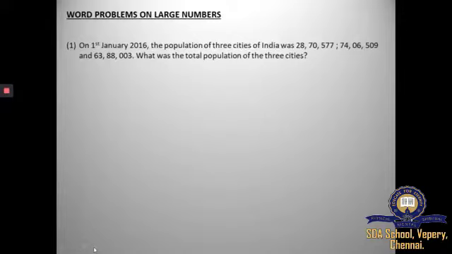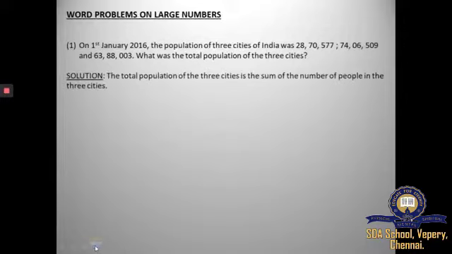Now we will see a few problems on large numbers. On 1st January 2016, the population of 3 cities of India was 28,70,577, 74,06,509 and 63,88,003. What was the total population of the 3 cities? Solution.